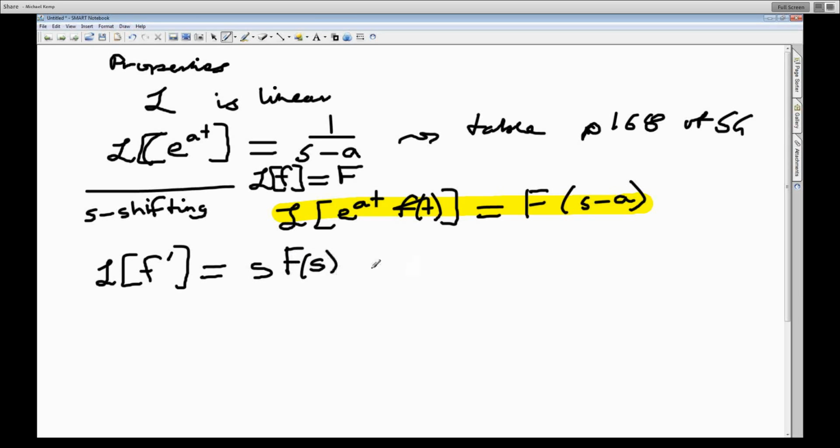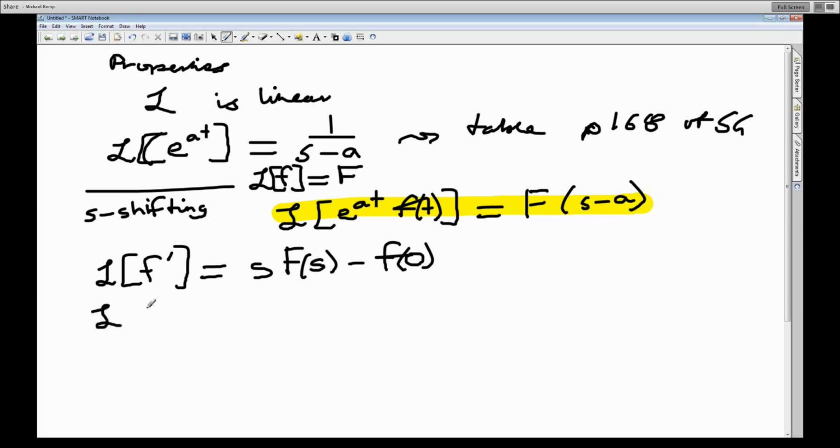I say roughly because you have a minus initial value. So the Laplace transform of a derivative is S times the Laplace transform of the original function minus the initial value.